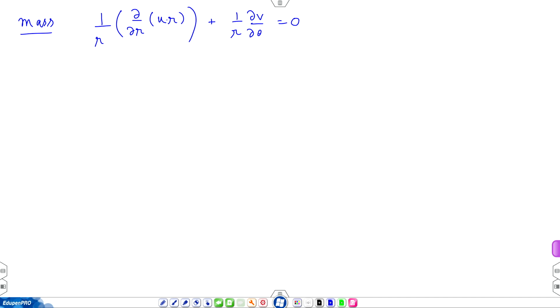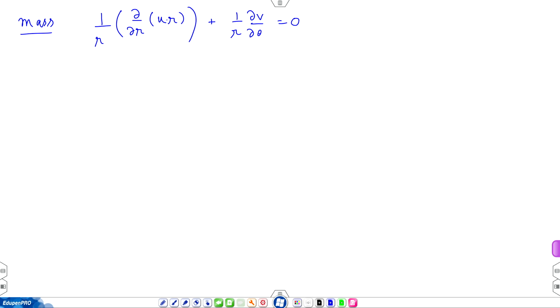Now, v is not a function of theta, that is the fully developed flow approximation. That tells you that the first term is 0, and if you apply boundary conditions, what are the boundary conditions? U is 0 on the inner wall, u is 0 on the outer wall.